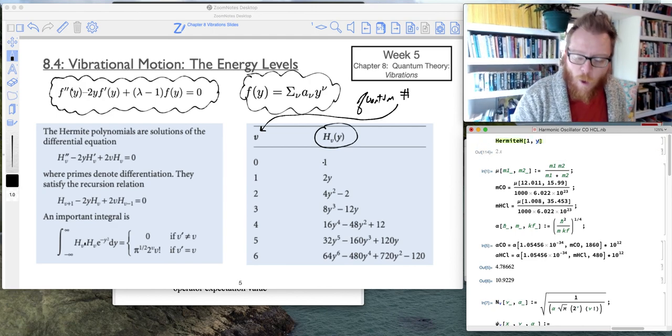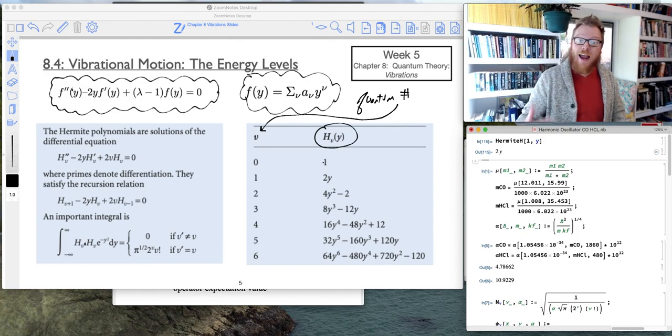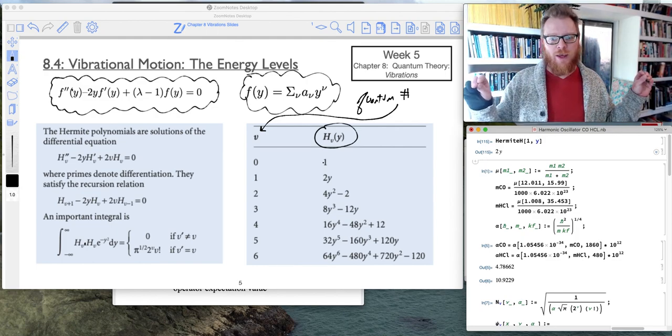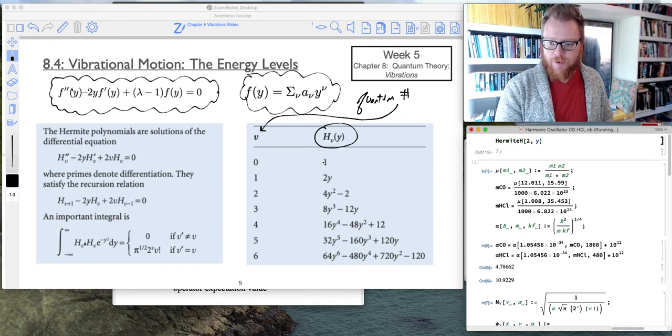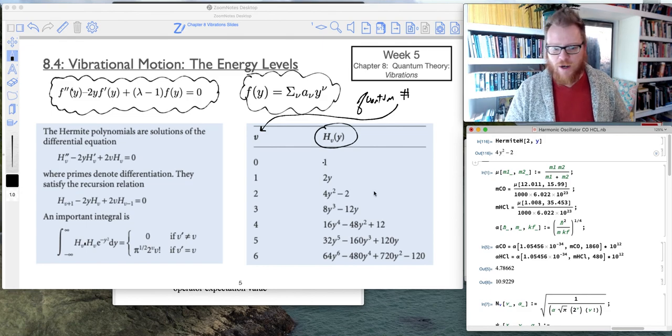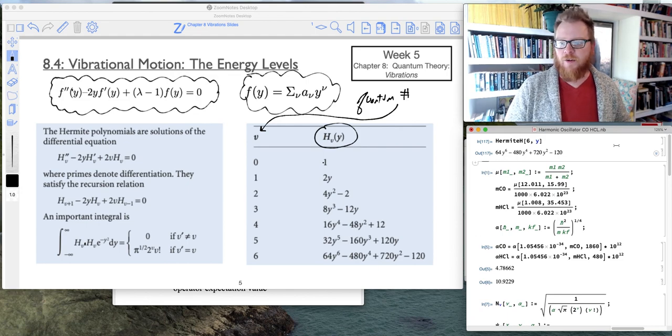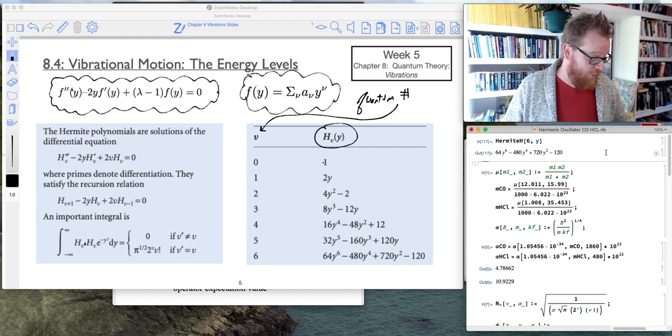We're going to stick with the y because I'll remind you that y contains all of those constants that we ignored, okay? So if I go up to quantum number 2, look, there it is, 4y squared minus 2, and there it is. If I go all the way up to 6, lovely, there it is. So that's awesome that the Hermite polynomials are already built in there, okay?